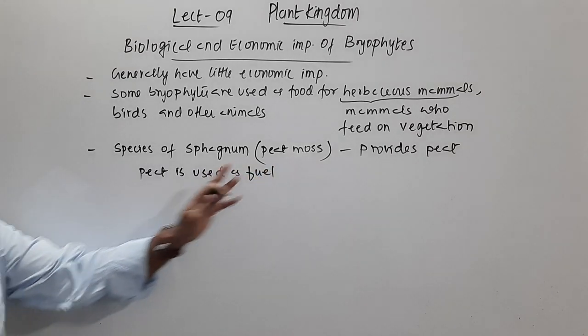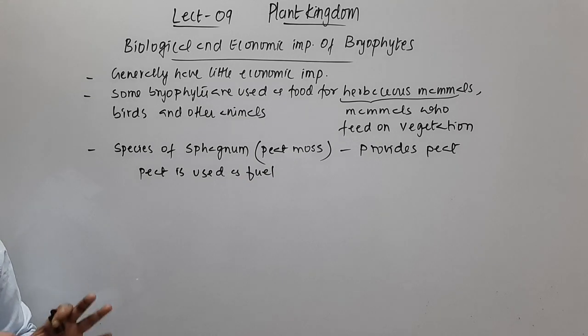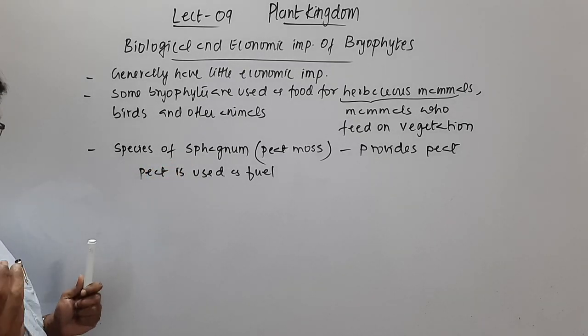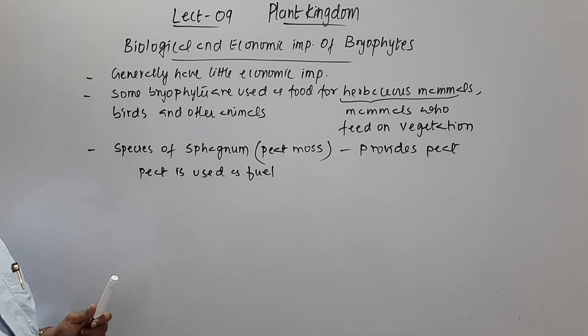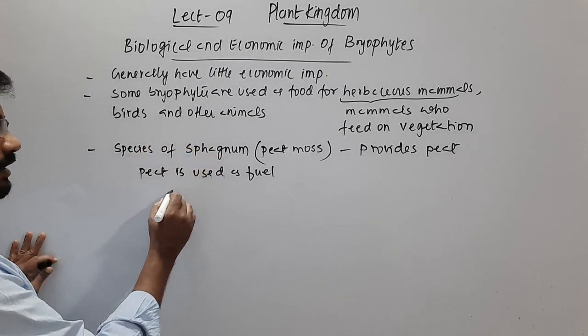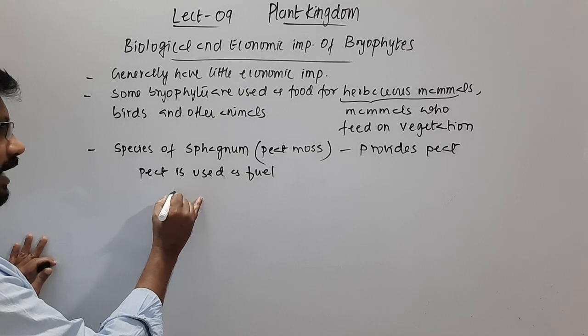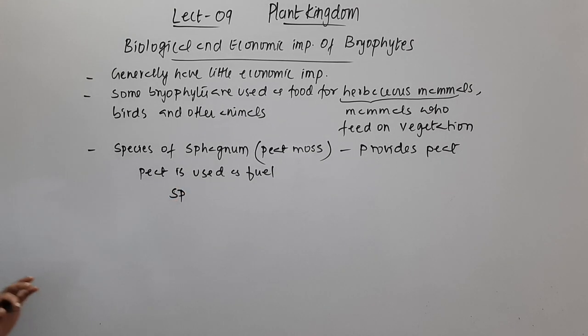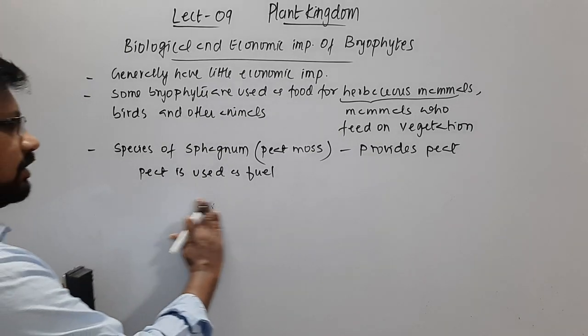This peat is formed due to partial decomposition of sphagnum. Of course, many other species of plants have also contributed to the formation of peat, but as we are talking about bryophytes, I am referring to sphagnum.